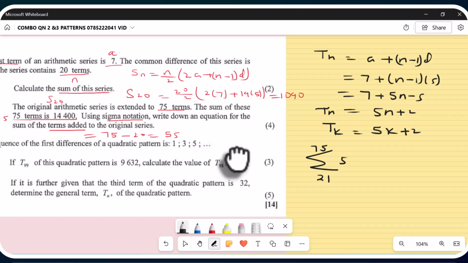This summation must give me the difference. The total was 14400, but the first 20 terms gave me the sum we found above, so I must subtract: 14400 minus 1090. With the calculator, it gives me 13310.